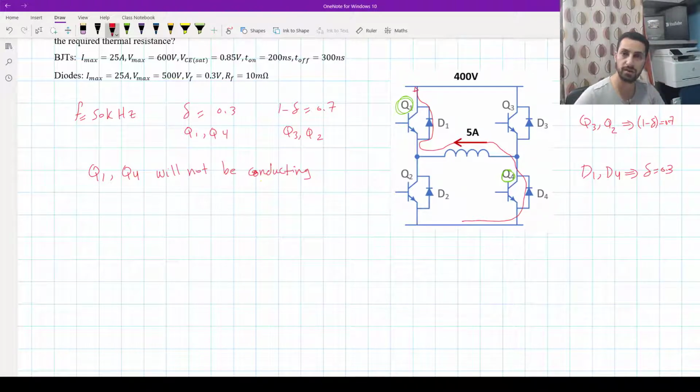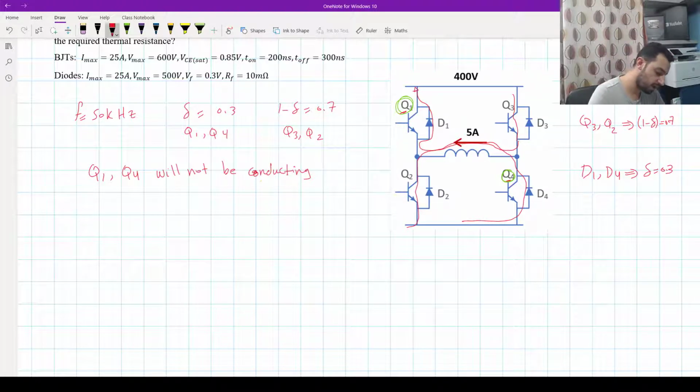No dead time, and after finishing Q1 and Q4, now we have to switch Q3 and Q2. I think Q3 is able to conduct, and the current will go in the same direction, and then will go through Q2 to complete the circuit.